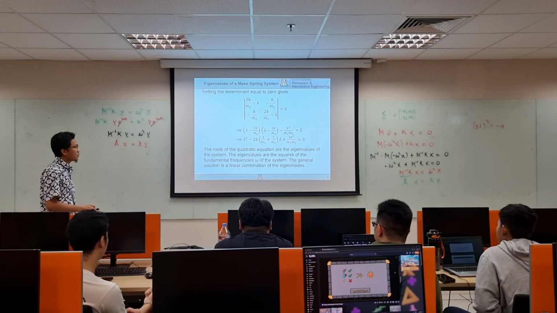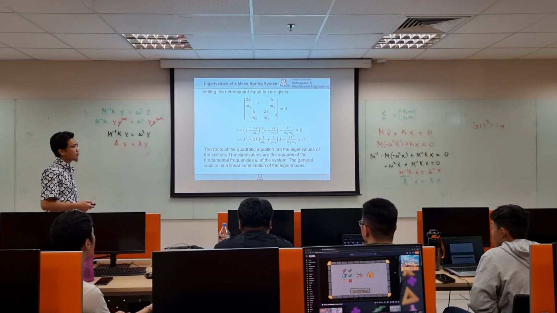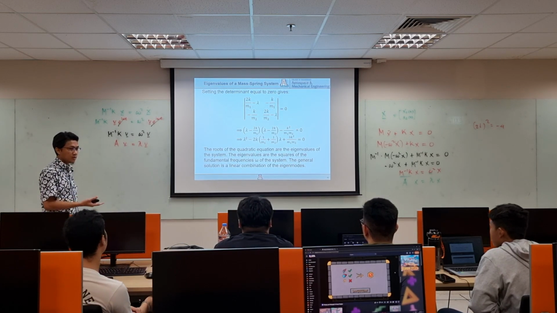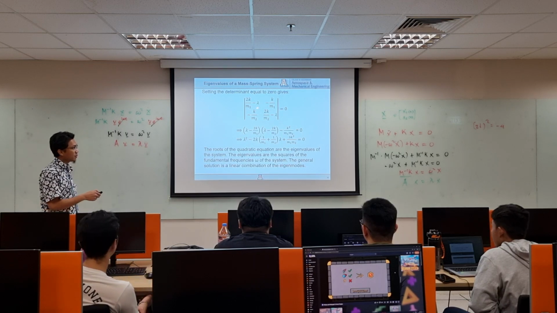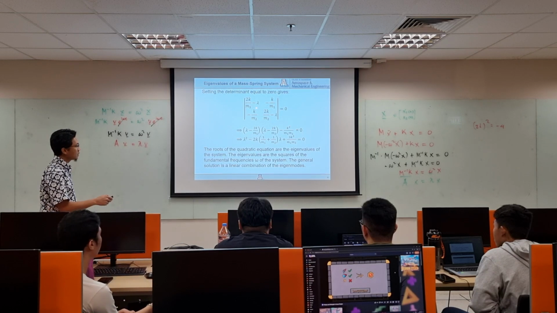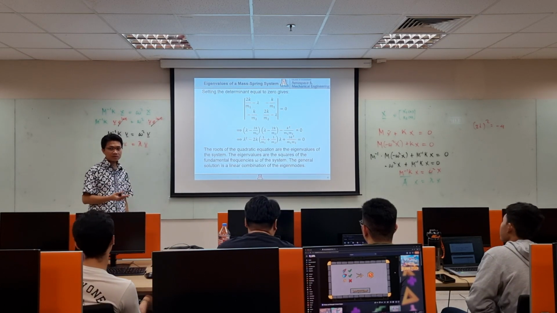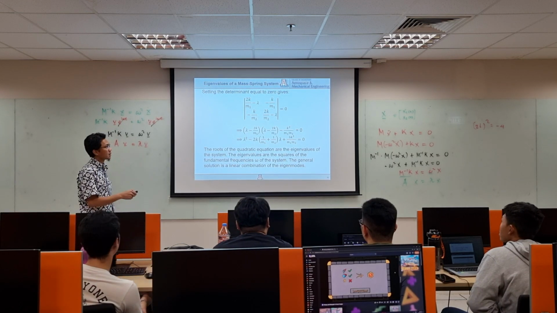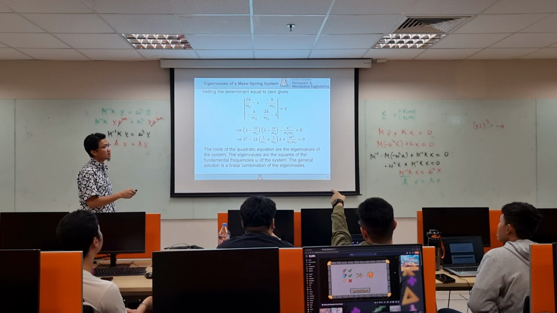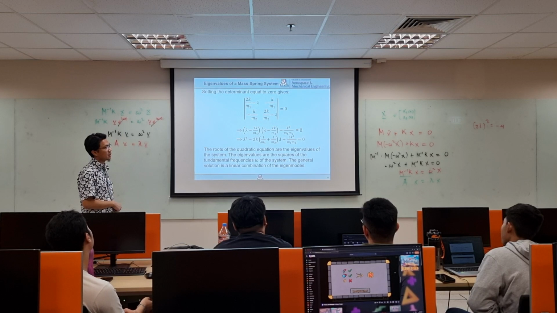So for this, let us solve it. If you want to find the lambda, remember we have to find the determinant of this. The determinant of this is 0. We know it is 0, but we have to expand the determinant equation of this matrix. Because this is a 2 by 2 matrix, what's the determinant? The top left multiplied by the bottom right minus bottom left times the top right.